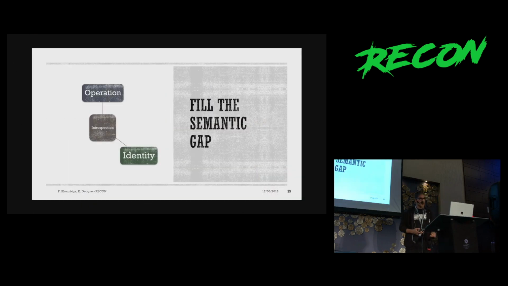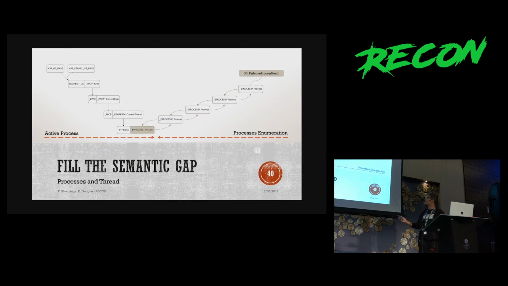The second piece of information we need to perform the introspection is the identity of the process that is actually doing the action. There are two ways to find this information. From the right, you just go through the doubly linked list of processes, which is useful if you want to enumerate all the processes running on the system.